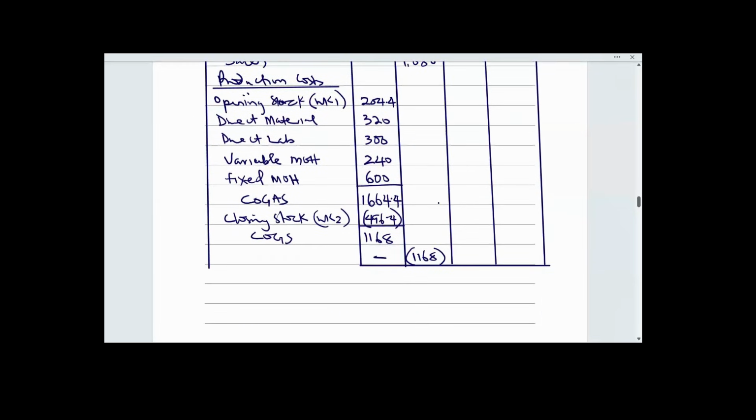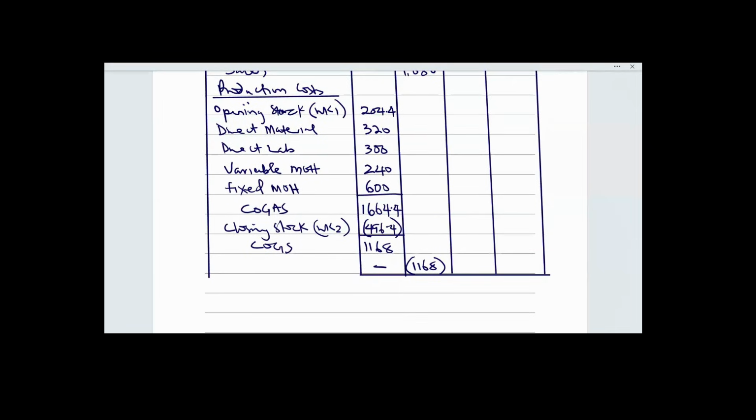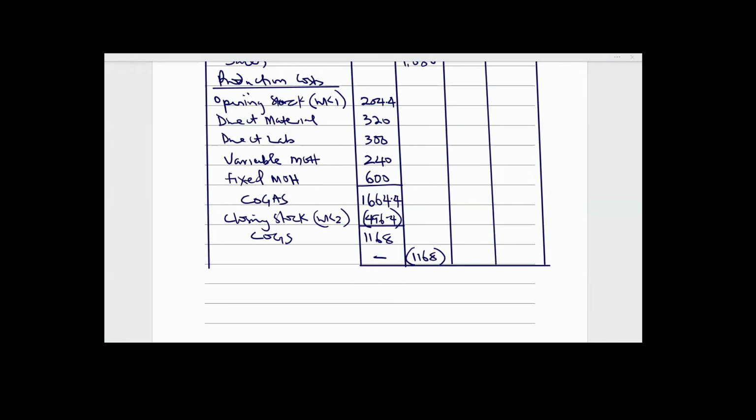What do we have? $1,680 minus 512. So this represents gross profit.